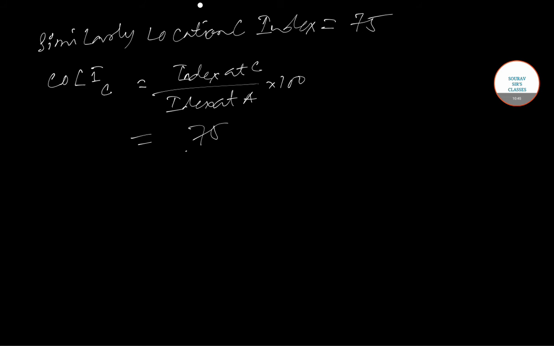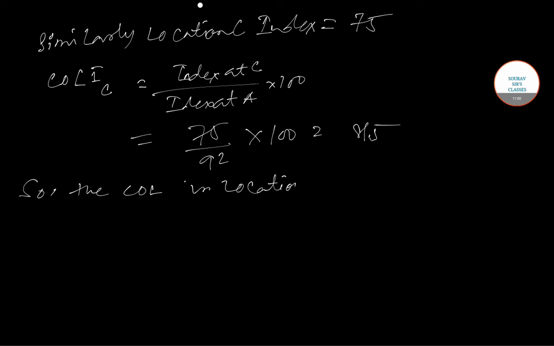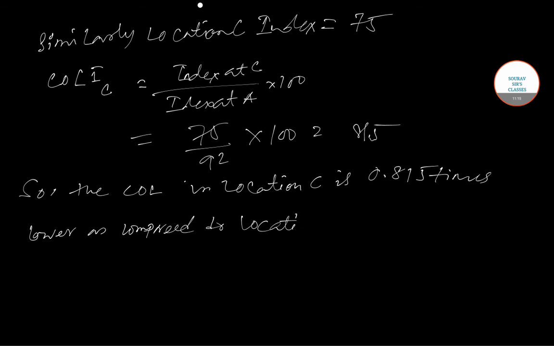So we have 75 divided by 92 times 100, which is 81.5. So the cost of living in location C is 0.815 times, that is lower, as compared to location A.